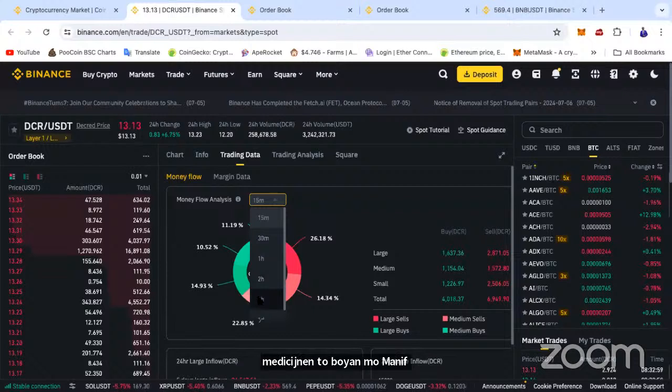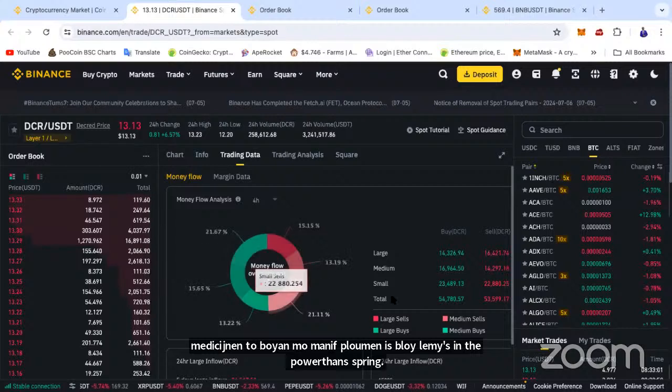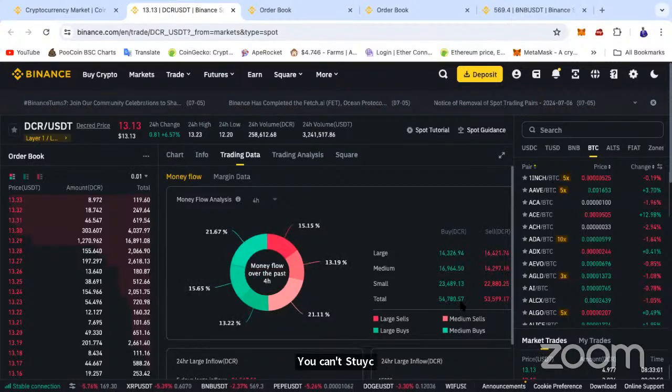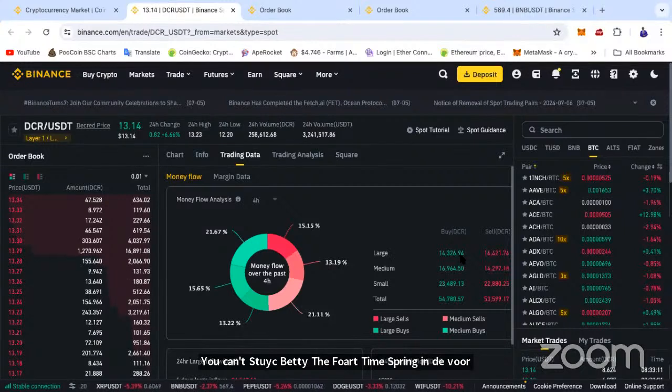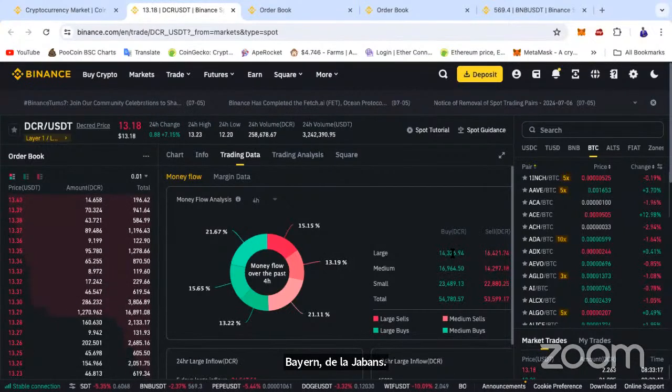Let me say the 4-hour time frame. You can still see that in the 4-hour time frame, with the large data, the people that are buying with large amounts, the sellers are more than the buyers. With medium capital, the buyers are more than the sellers.